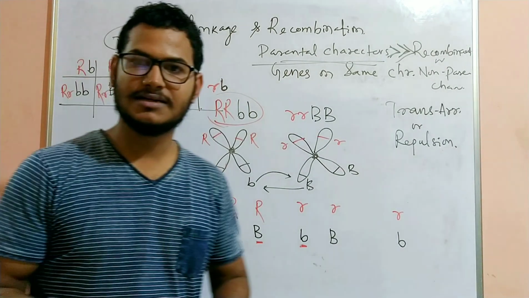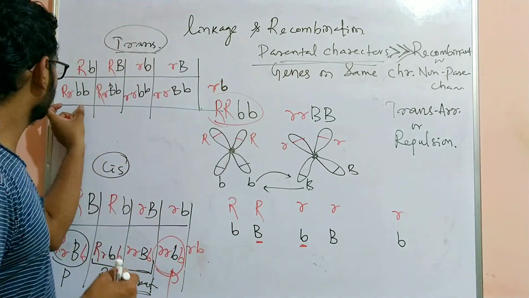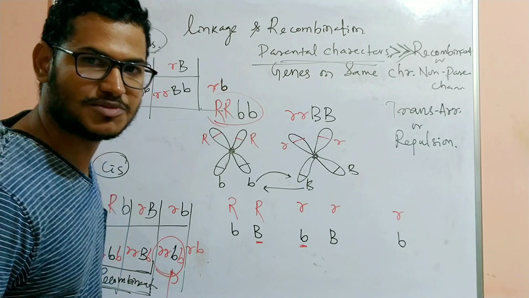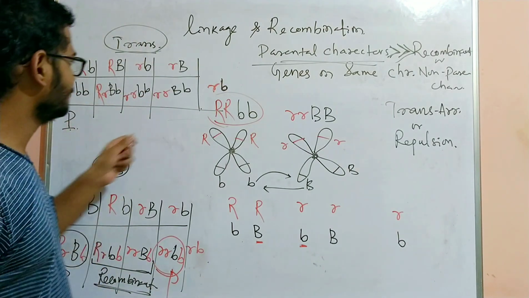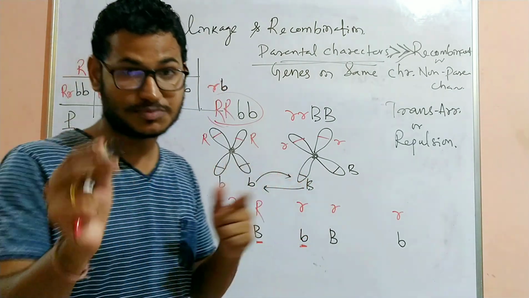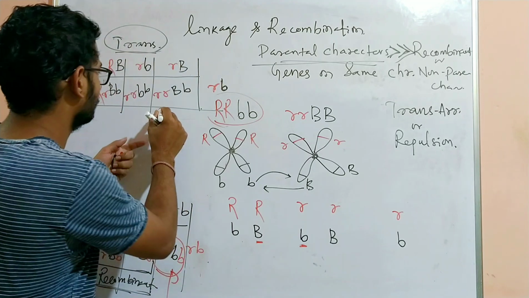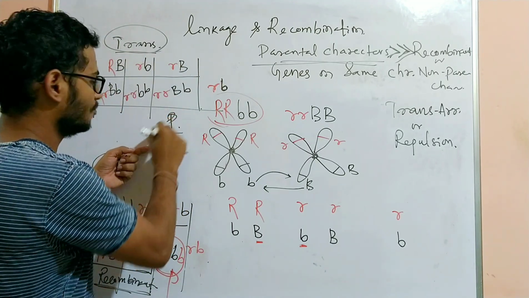These are the different products we will get. Here we have capital R small r, small b. This one is parental, so I am writing P for it. Again capital R, small r, capital B, small b is also parental.